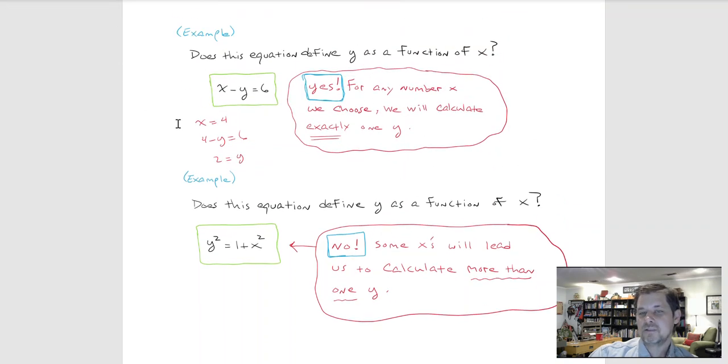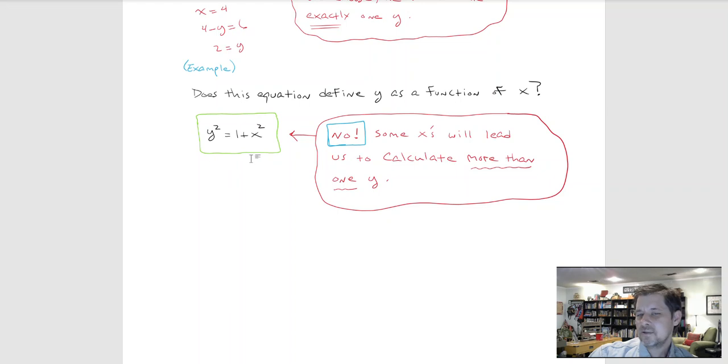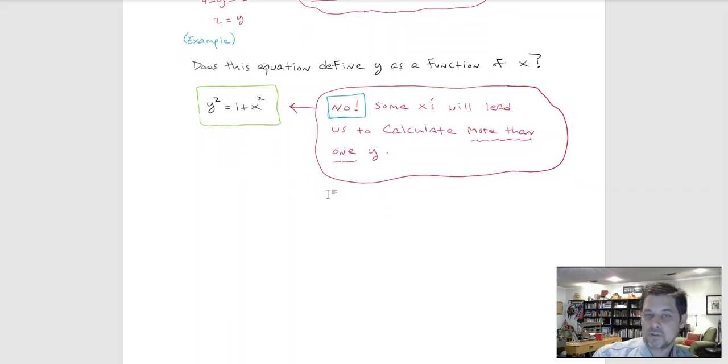So a function is such that every x gets paired with exactly one y, but this one's not going to do that. Now I realize if you've never seen this kind of thing, you might not have any way to figure out how that is, but I'll show you. So let's let x be 0, okay? And I'm going to put it in here and see what y gets paired with that number.